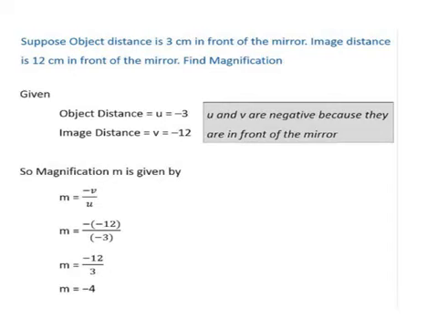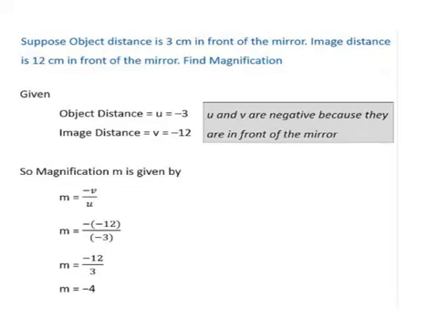Now use the formula magnification is equal to minus v by u. While substituting the values, you have to be very careful. Now magnification m is equal to minus, so that minus comes first, and v, what is the value of v? Minus 12. So minus of minus 12 by u. What is the value of u? Minus 3.